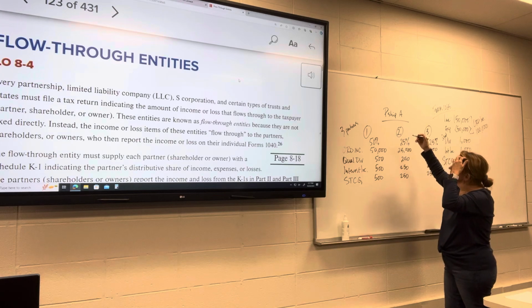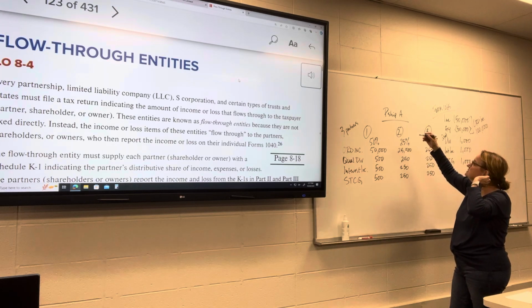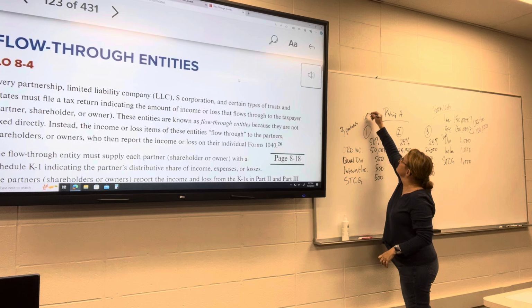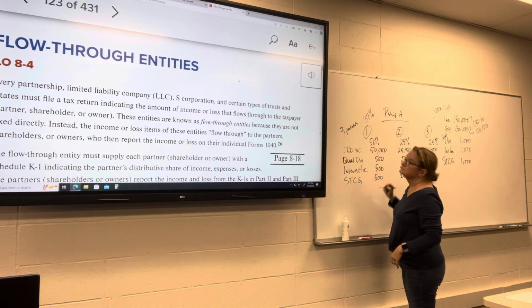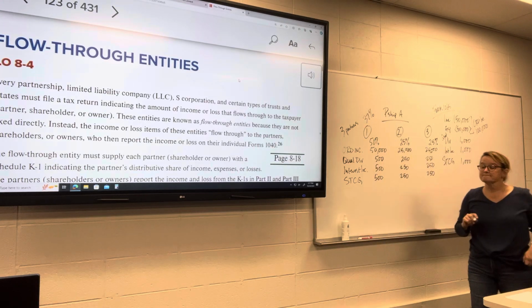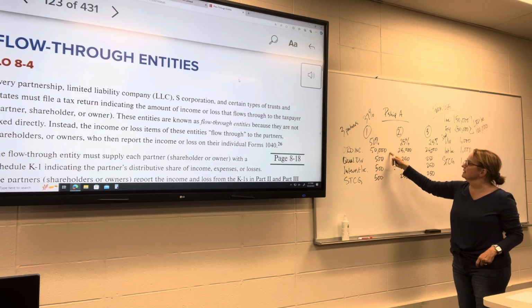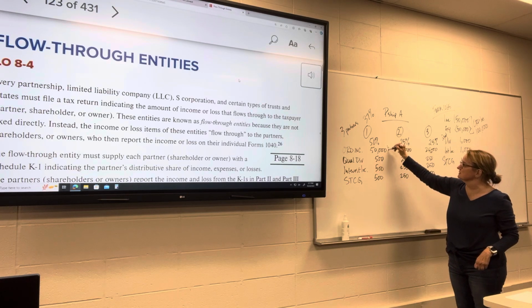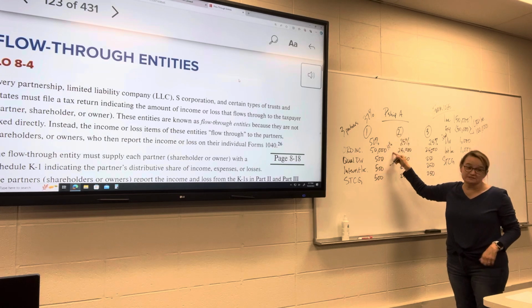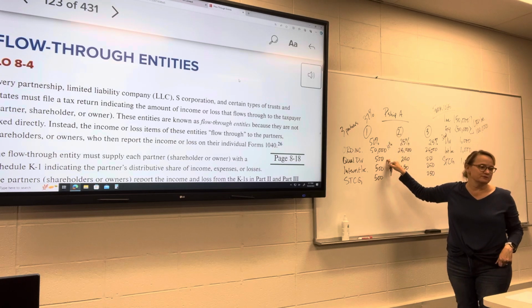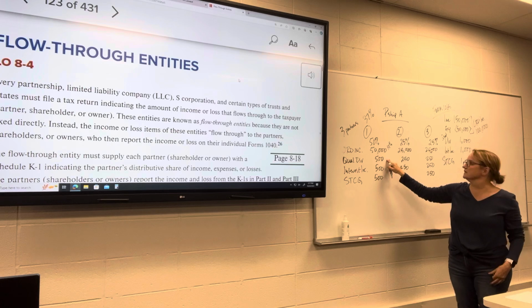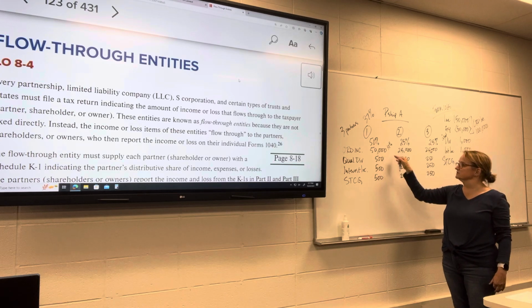Maybe they've got their own business, and they're in the 37% tax bracket. That means that this ordinary income, this $50,000, is going to be taxed at, if all of that falls within the 37% tax bracket. We'll assume that all of it does.